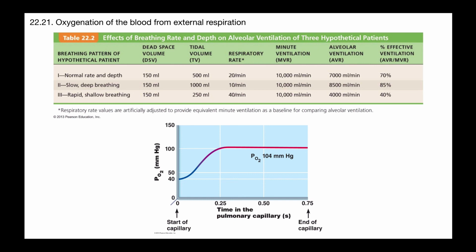So the take-home message here is, when you go to the doctor's office and they take your blood pressure and your temperature and put that little thing on your finger that measures your blood oxygen, most people are at pretty close to 100%. We often talk about it in terms of percentages, but it's actually measuring your PO2.